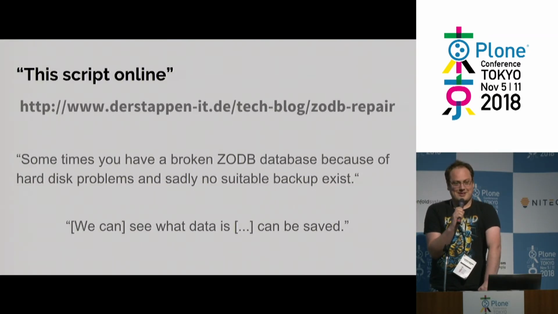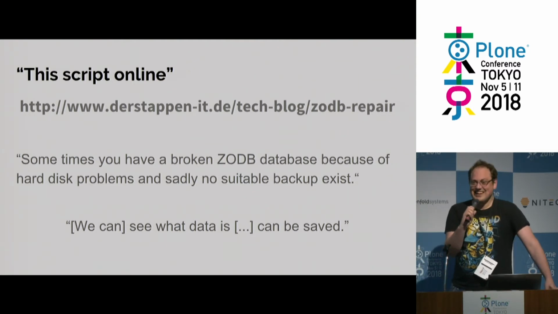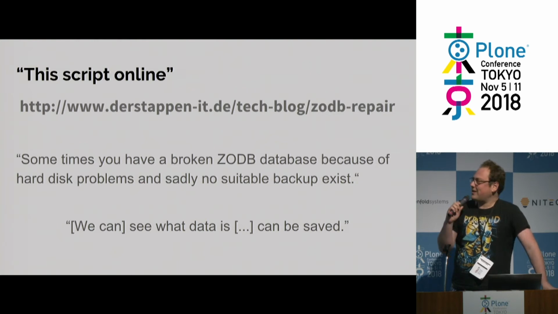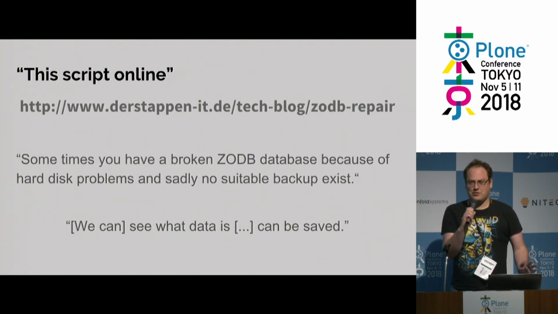Now, it's not your fault. It's a really good script. It's a script that Mike Verstappen wrote, which is if you've got a corrupt ZODB and you need to get some information out of it, and FS recover didn't work, then you can try this.